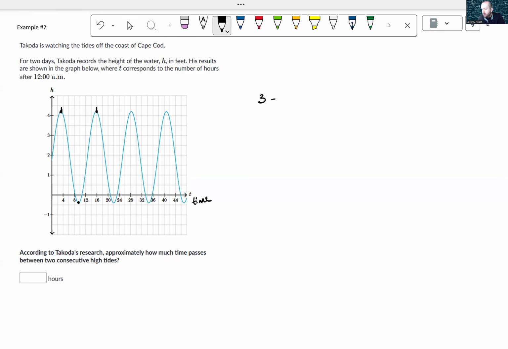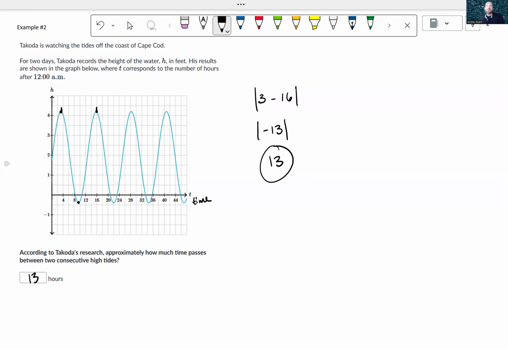So we find the distance between there, which again is just the absolute value of the difference of the 2 points. So we would have the absolute value of negative 13, which is equal to 13. So 13 hours go by between the two high tides.